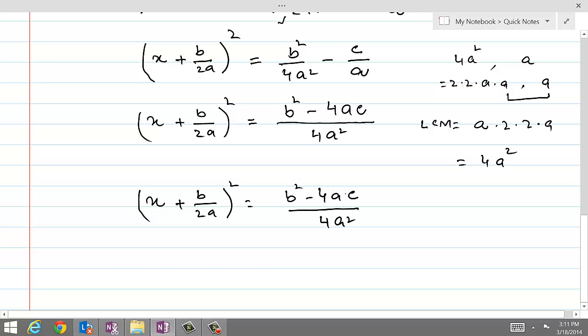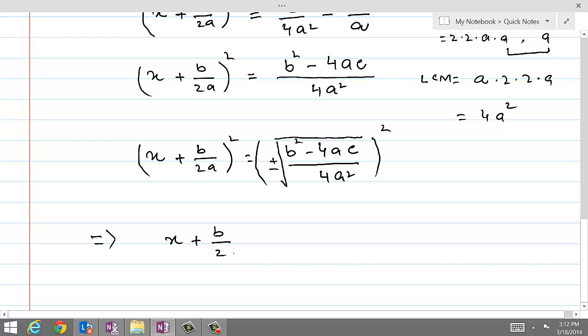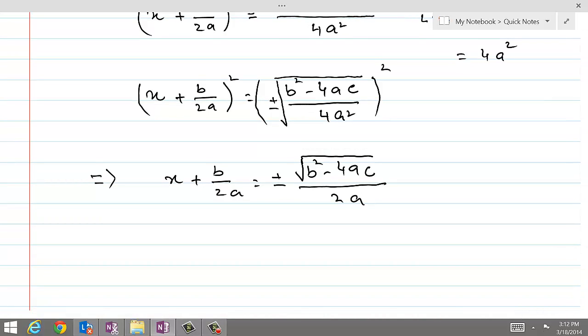This time we are going to take the square root of both sides. This means that x plus b over 2a is equal to plus minus the square root of b square minus 4ac, over 2a. I will explain the way it works after this.